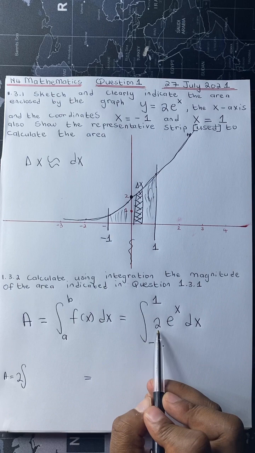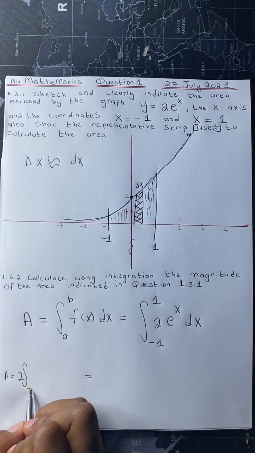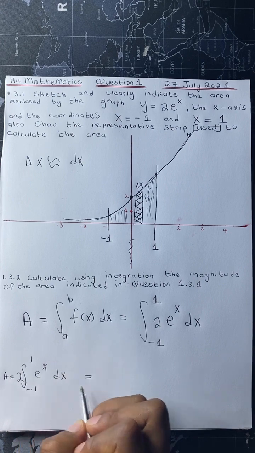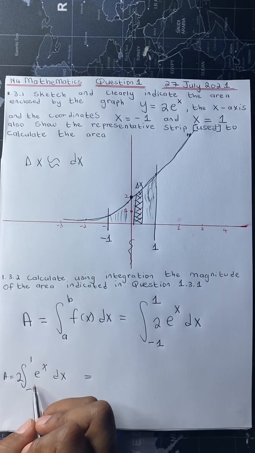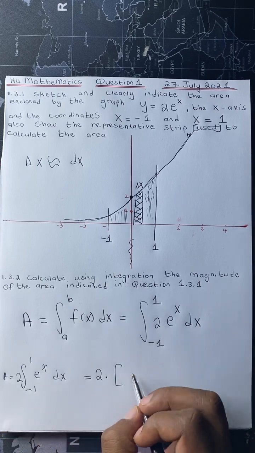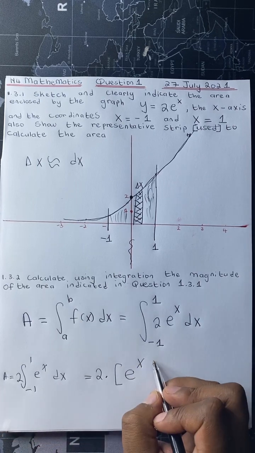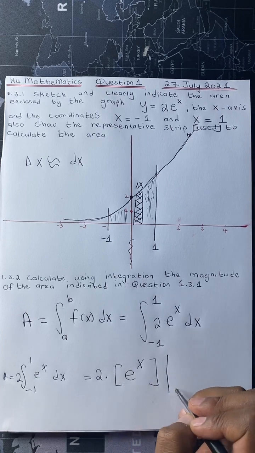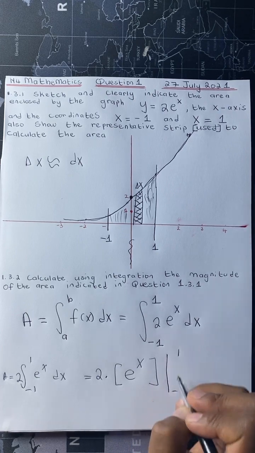So we can decide to take the 2 out of the integral. So we have 2 times the integral of e to the power x, which is equal to e to the power x, also available on the formula sheet. And our boundaries are from -1 to +1.